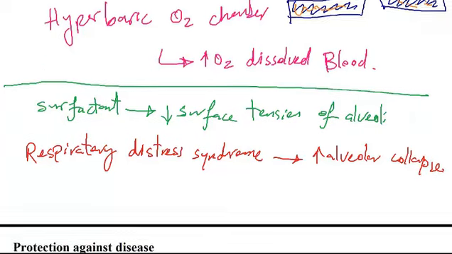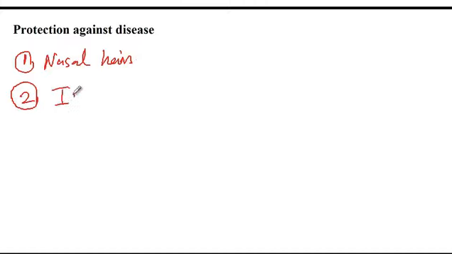The next concept is different mechanisms of protection against diseases by the respiratory tract. As we just discussed, number one is the help of nasal hairs to filter particles that are being inhaled through our nose. In addition, our respiratory secretions contain the antibody called IgA, in addition to an antimicrobial protein called lysozyme that destroys bacterial cell wall.